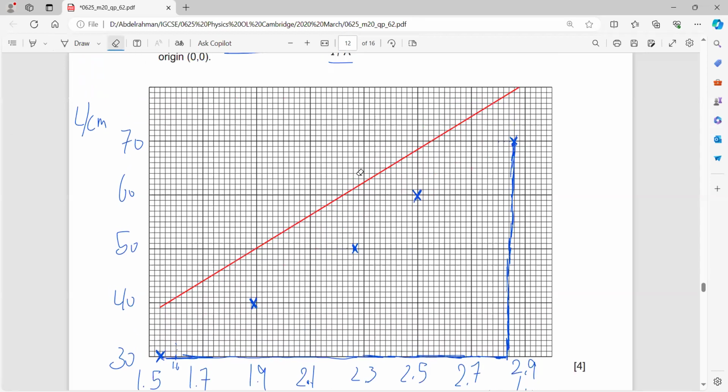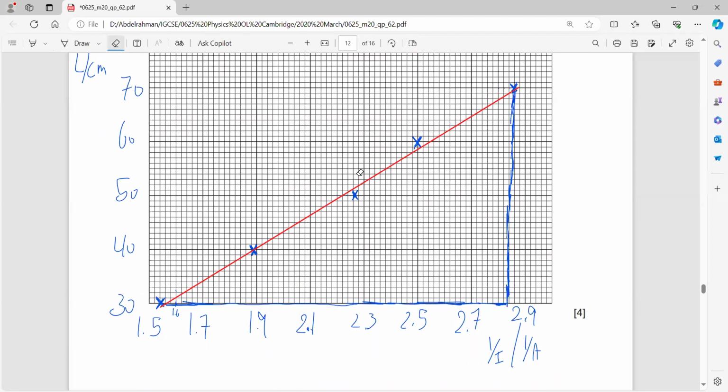y2 minus y1 over x2 minus x1, that would be 70 minus 30 over 2.86 minus 1.56. I'll remove the line. Isn't it 1.54? 1.54.